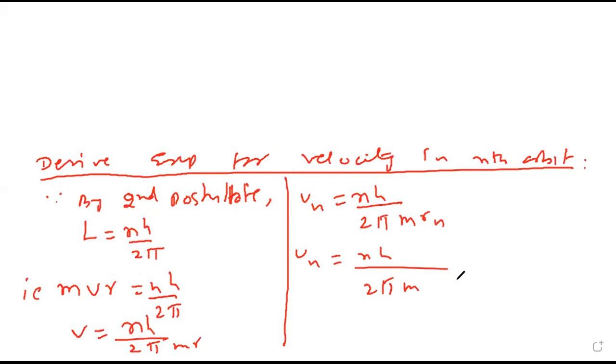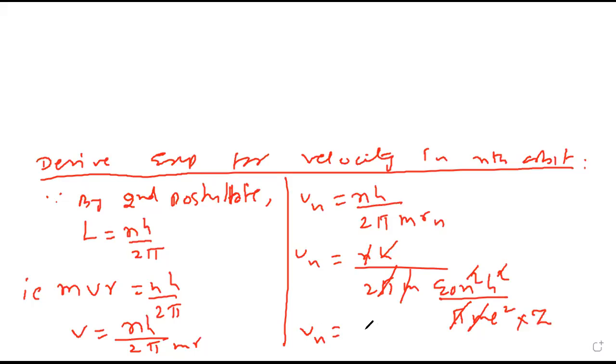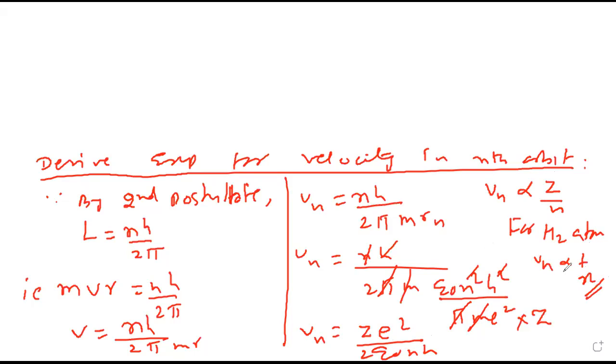Radius in nth orbit we got epsilon naught n square h square upon pi m e square into z. Pi cancels, m cancels, one n h cancels. So Vn will become z e square upon 2 epsilon naught n h. So Vn is proportional to z upon n. For hydrogen atom, Vn is inversely proportional to n. Copy this.